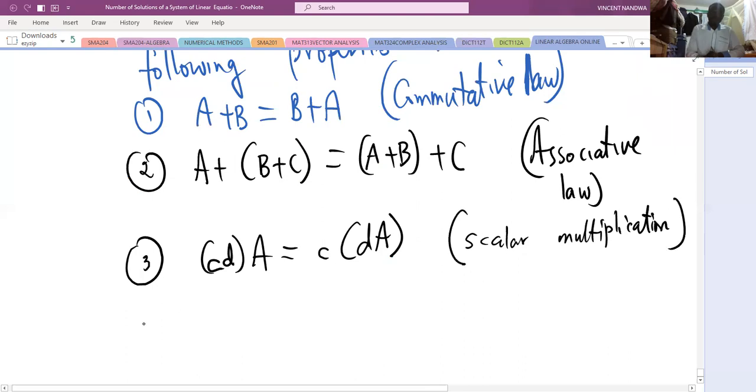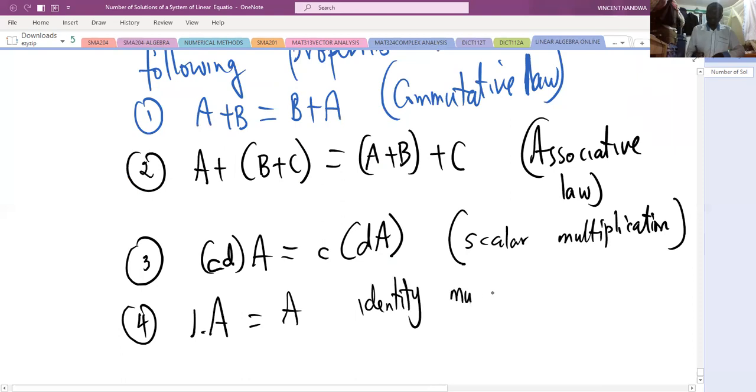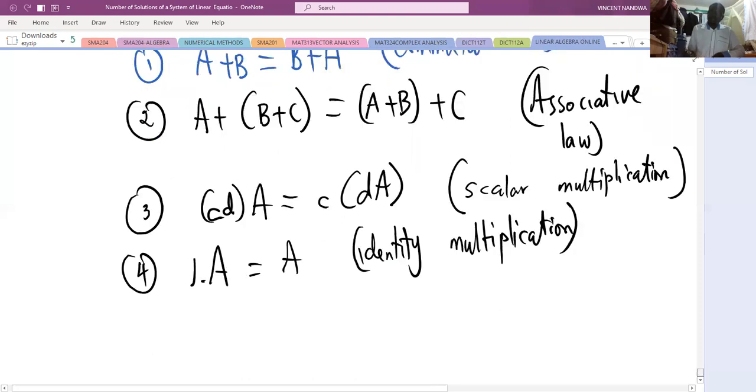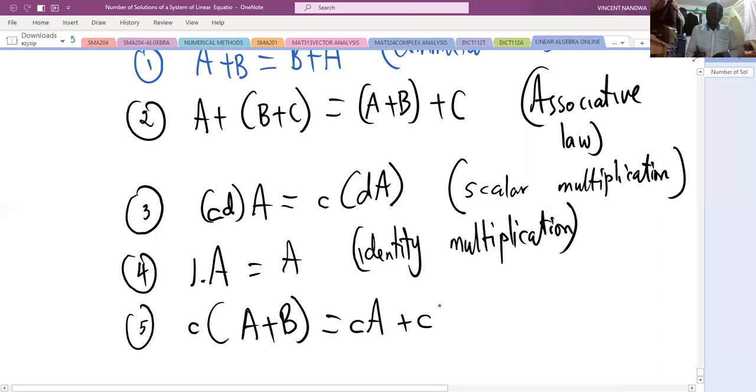And then 4, 1 times A is equal to just A, this is identity multiplication. And then number 5, C times (A plus B) is CA plus CB.